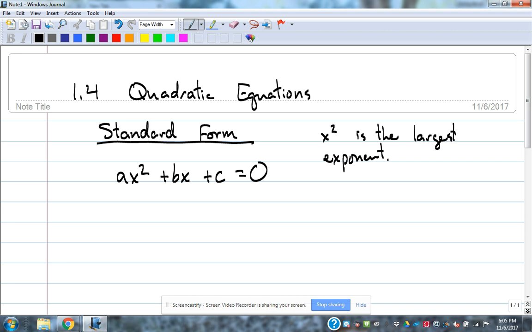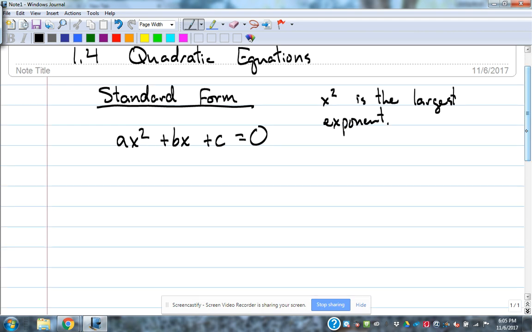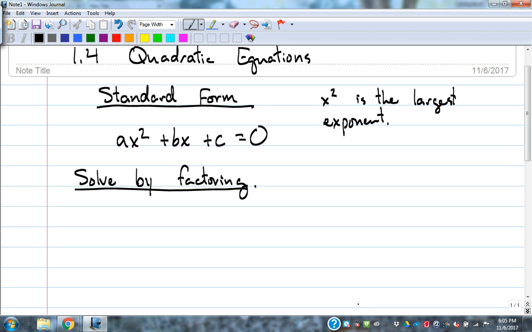So one of the ways to solve quadratic equations is by factoring. Solve by factoring. And this factoring is the same factoring that we used in the last 2 weeks, okay?